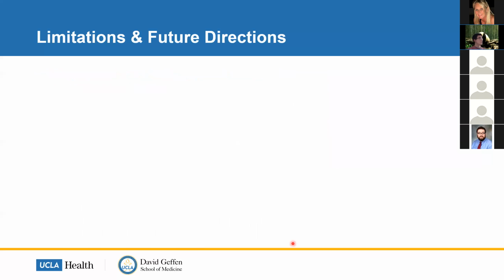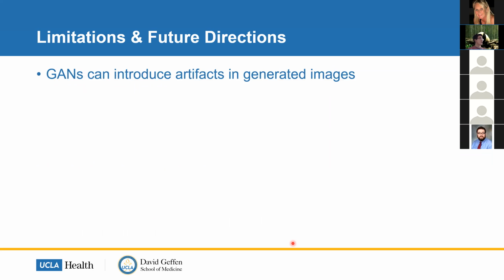So next, some limitations and future directions. One limitation of GAN is that it can introduce some artifacts in the generated or normalized image. Those artifacts might not be real in the original image domain or the ground truth, so we need to be careful with that.